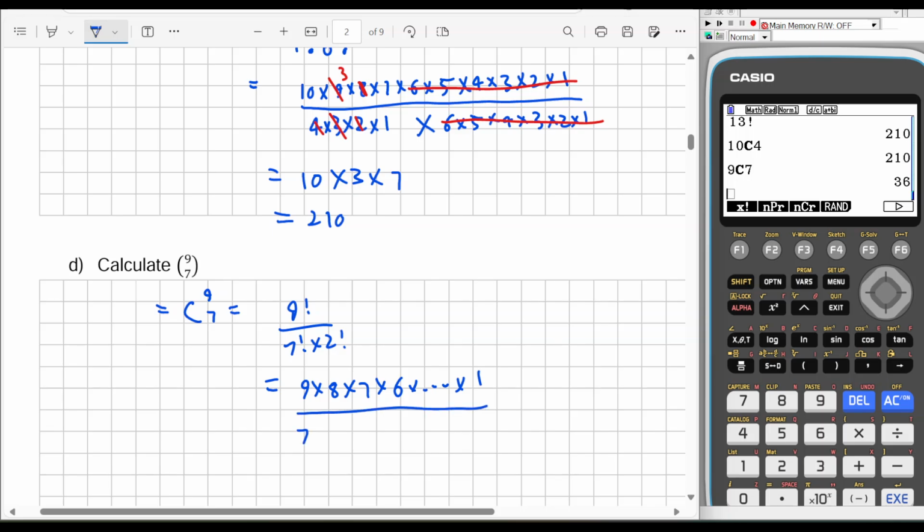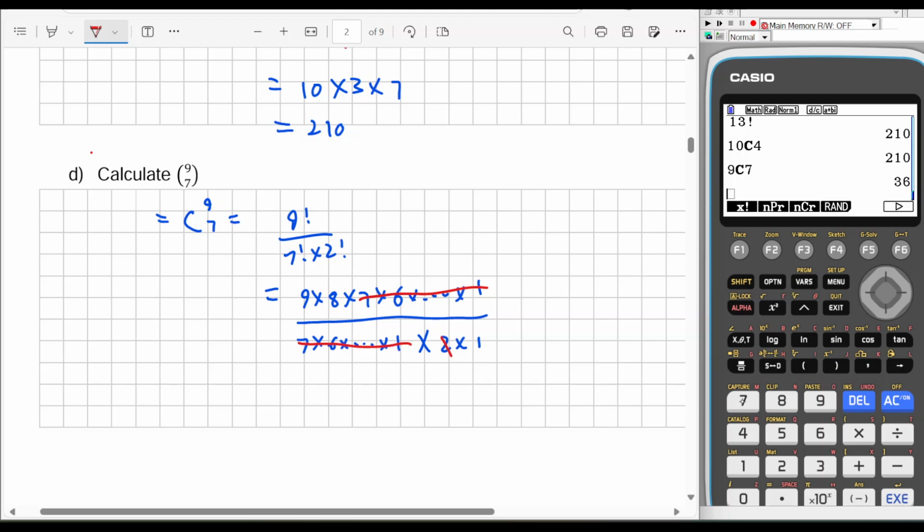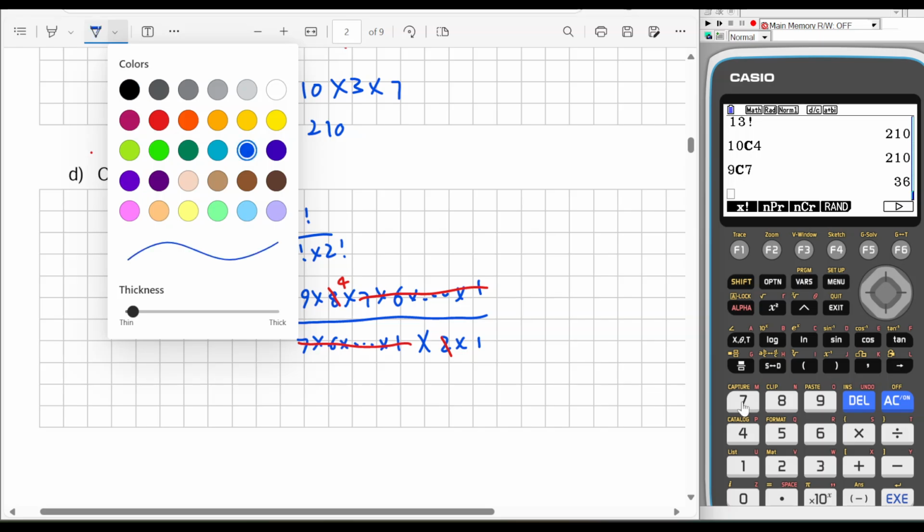And then it's 7 and 6 all the way down to 1 times 2 factorial. So 2 times 1. So you can pretty much just cancel off 7 down to 1. And then you've got 9 times 8 over 2. So the 2 might cancel off with 8 and leave us with 4. So all you get is 9 times 4, which is 36.